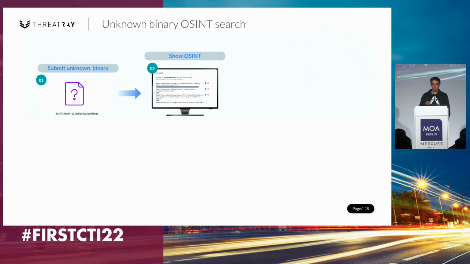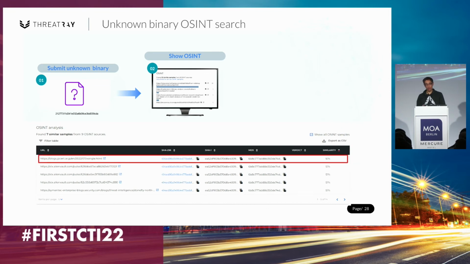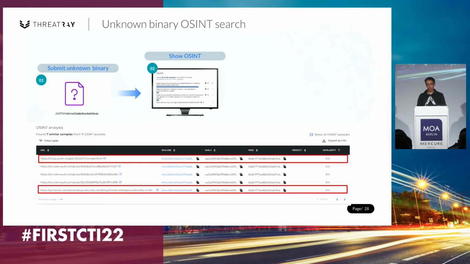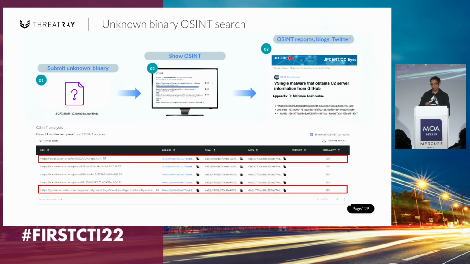We found some matches. In this case, one of them is related to a Japanese threat. We have a match with a sample at almost 51%, and another with a semantic report that talks about Lazarus, the actor, etc. So in only a matter of seconds, we were able to relate an unknown binary, without having previous information, directly with a malware family, without needing any signature or anything previously.